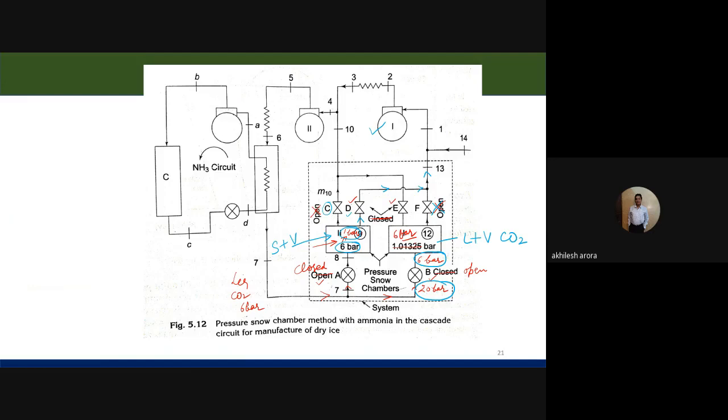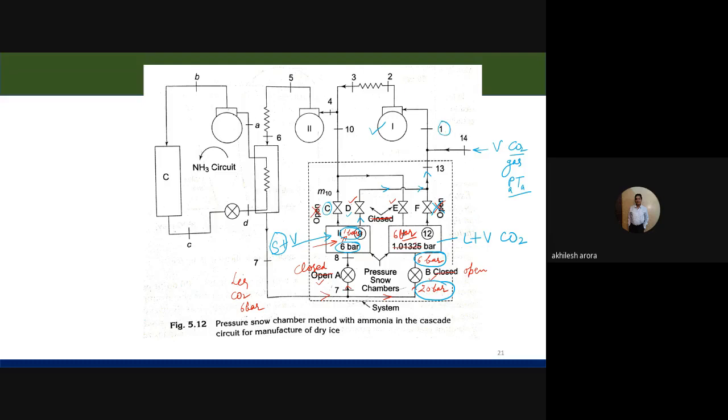Whatever is the vapor CO2, that will be going to the compressor number 1, and here we will be adding the mass of the CO2 which is equivalent to the solid carbon dioxide which has been generated in the snow chamber number 2, because we have removed it from there now. So here we will add vapor CO2, or CO2 gas actually, not vapor, at ambient pressure and temperature. So it is ambient pressure and ambient temperature CO2, and once again the process will take place.